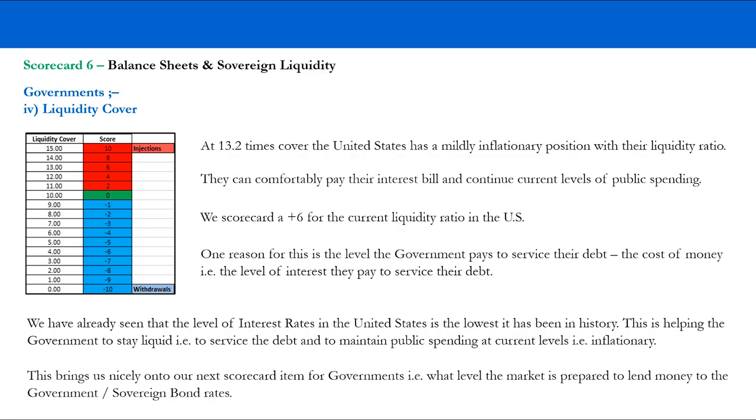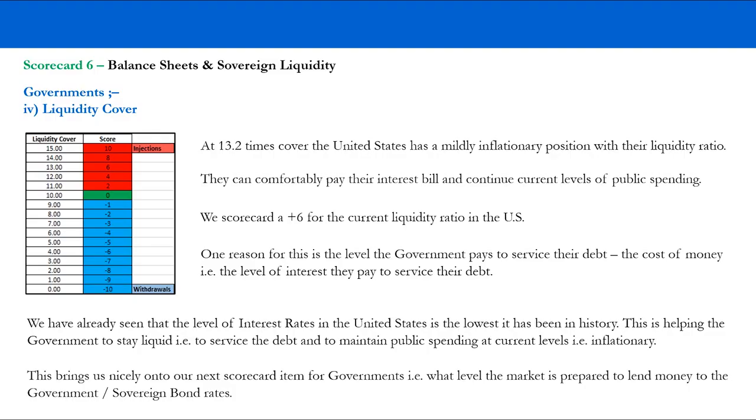So what we can deduce here is that objectively, the US government can comfortably pay their interest bill and continue current levels of public spending. We're therefore going to scorecard this around a +6 for the current liquidity ratio in the United States. Now, one reason for this is the level the government pays to service their debt, the cost of money.